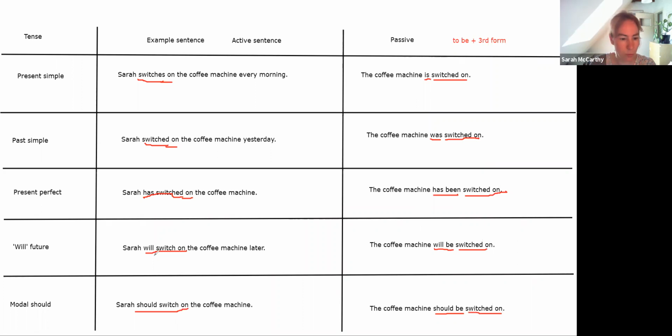Because will and should are followed by the infinitive form of the verb, here it's the infinitive form of to be. So that was a summary of passive tenses, which are formed with to be in the correct form plus the third form of the verb.